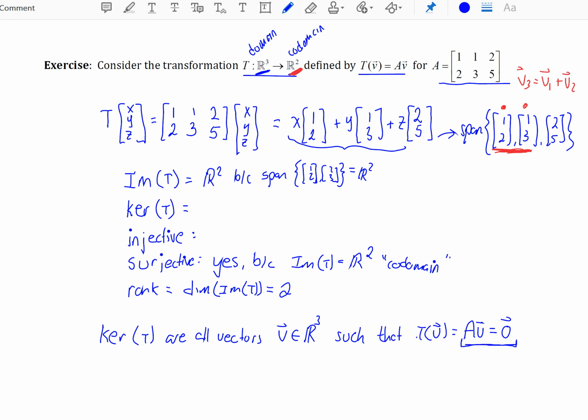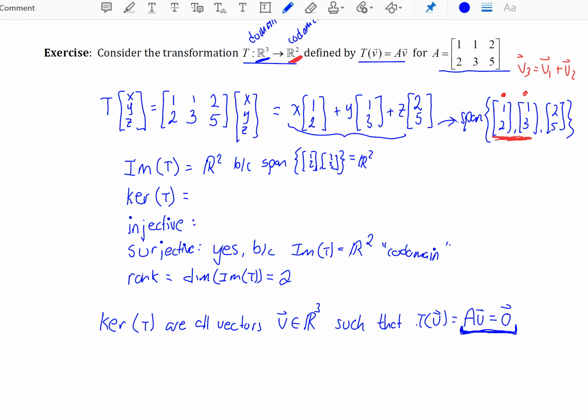They are the homogeneous solutions of this system of equations. So let's go find the homogeneous solutions to this system of equations by considering what our augmented matrix would look like. Here our augmented matrix would be the columns of A: (1, 1), (2, 2), (3, 5). Remember, I like separating my right-hand vector with a dotted line: 0, 0.